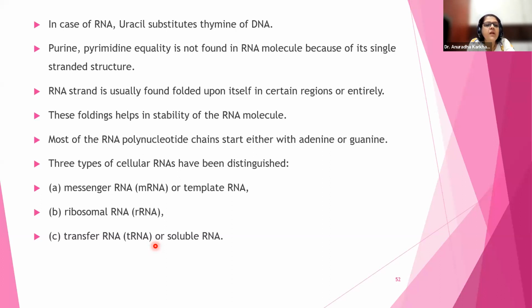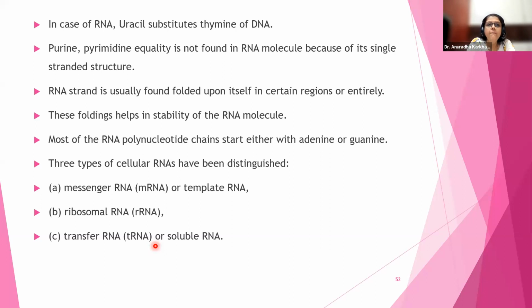Yes. Okay. So RNA strand is usually found folded upon itself in certain regions or entirely. This folding helps in stability of the RNA molecule. Most of the RNA polynucleotide chains start either with adenine or guanine. There are 3 types of RNAs which have been found in our cell cytoplasm. So we call them cellular RNA, not in the nucleus.